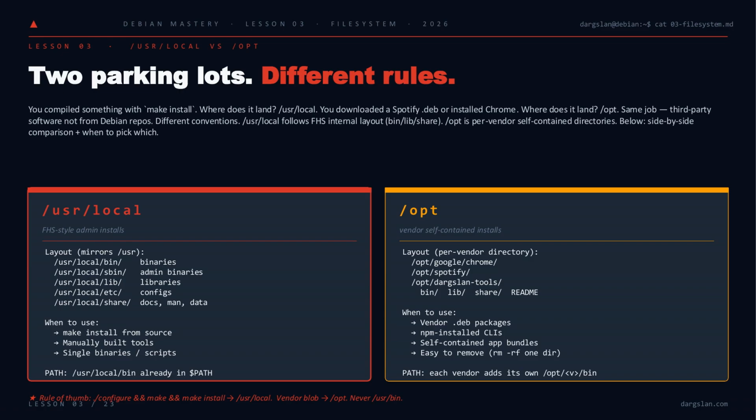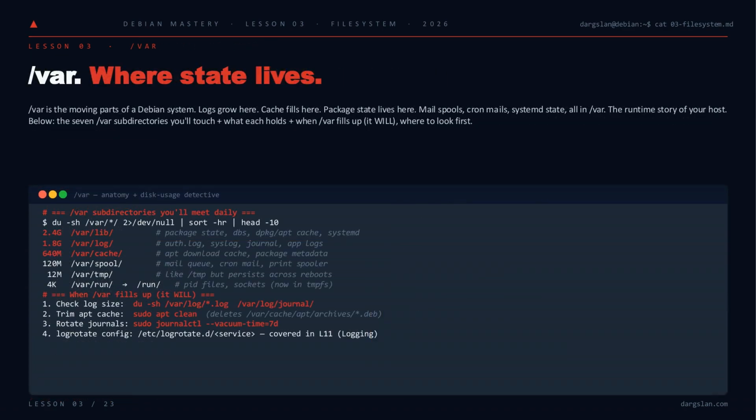Chrome, Spotify, anything that wants to own its directory. Rule of thumb: source you compiled goes to /usr/local. Vendor drops go to /opt, and nothing ever goes in /usr/bin. That's dpkg's turf.